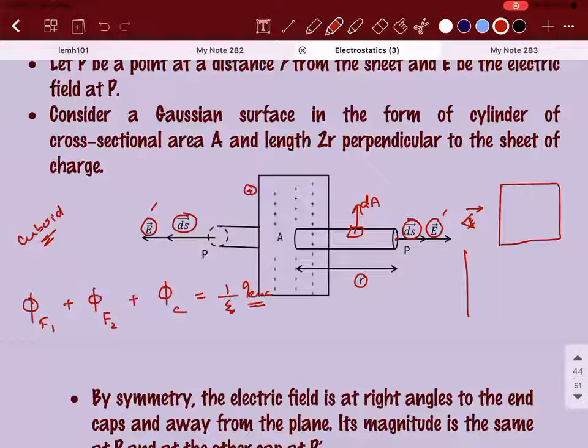The sum of all the electric fluxes should be equal to 1 by epsilon naught times the charge enclosed by the Gaussian surface. Yes, it should happen, right? So curved surface flux is 0. Why? Yes, electric field and area vector are perpendicular to each other. So the flux through the curved surface is 0.